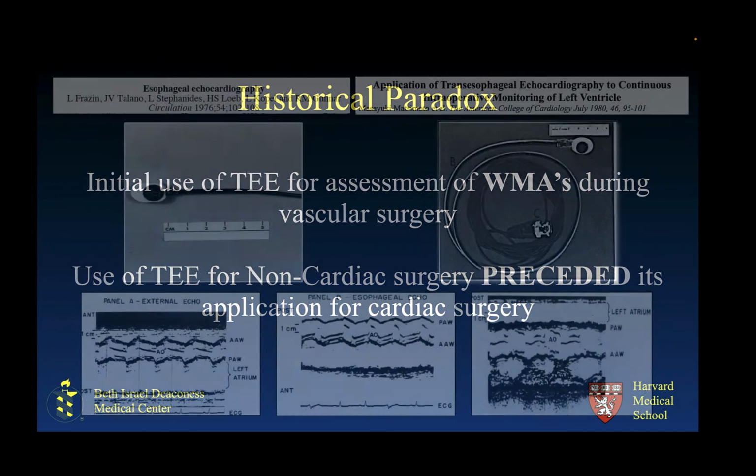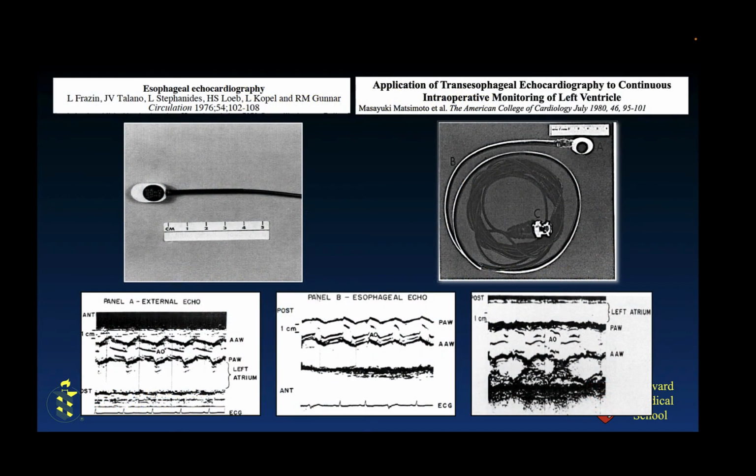Historically, transesophageal echo was first used in 1976 at the University of California, San Francisco, but the use was quickly abandoned because of the size of the probe, and it was used only for those patients who had suboptimal transthoracic images.